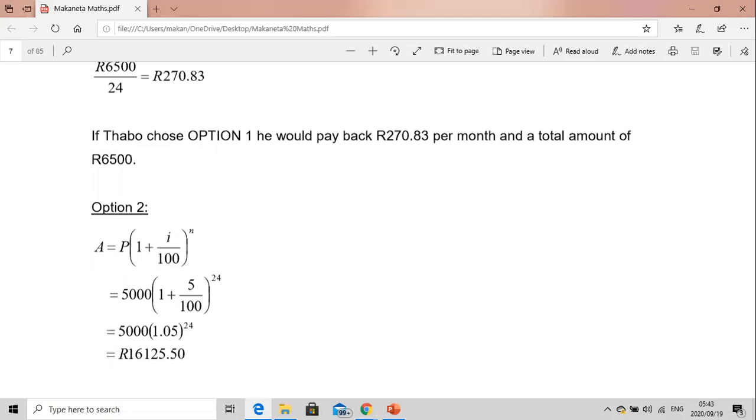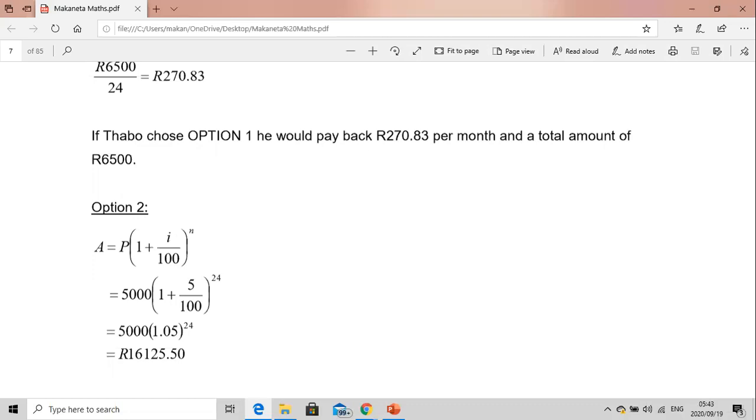But look at the difference now. The difference in this case is that you have 5%, which is far less when you compare it to the 15%. But this will yield a greater accumulated amount of 16,125 rands and 50 cents.